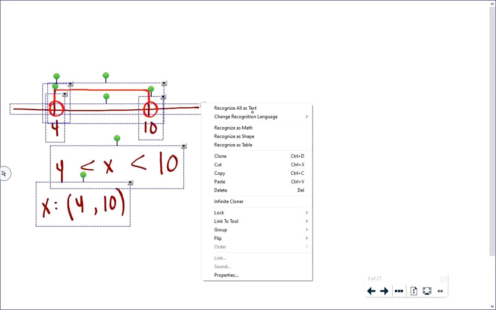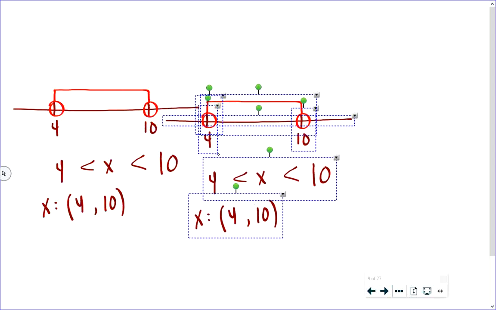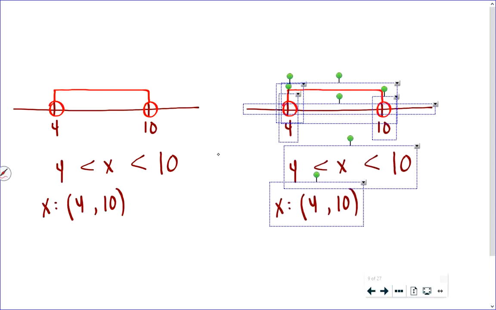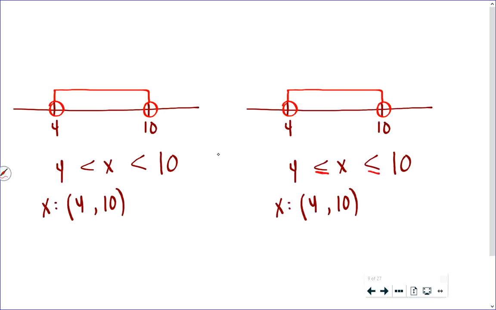If this were the case, then this would be what it would look like. Just ponder that statement now. This is saying 4 is less than or equal to x, which means x can equal 4, and x has to be less than or equal to 10.